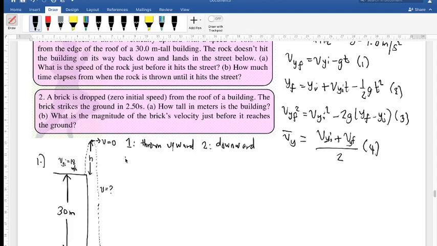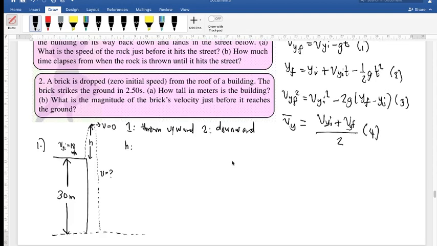So to find h, we can use these four equations. By the way, we have to set our system so that upward is the positive y and downward is the negative y.